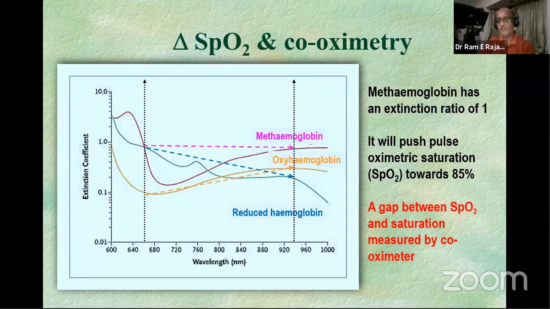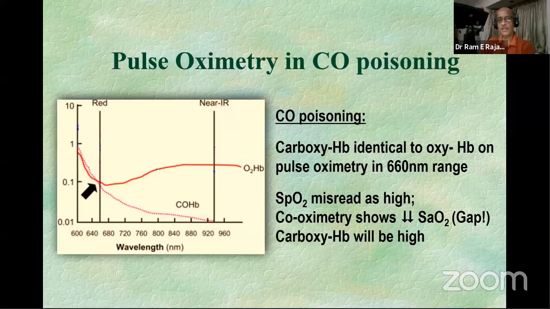Irrespective of whether the oxyhemoglobin goes up or down, if you have a sufficiently large amount of methemoglobin in your blood, your saturations keep trending towards 85. It won't be exactly 85, but it'll trend towards that, creating this so-called SpO2 difference between your co-oximetric and your SpO2 saturations.